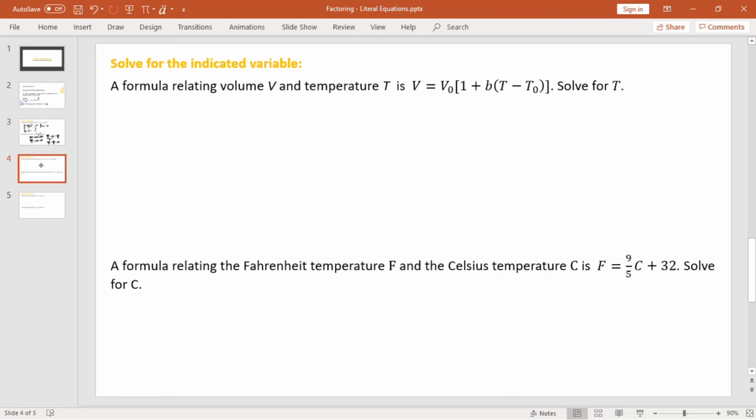All right, we want to get this guy out. Same thing, I'm going to start by taking V0 over, and that gets rid of the first set of brackets. Okay, let's get the 1 over to the other side.